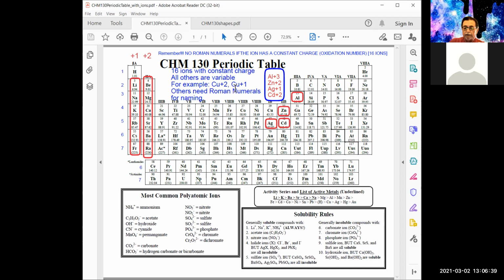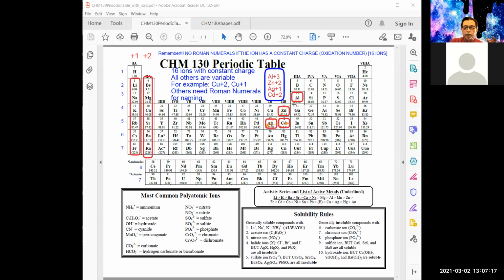that have a constant oxidation number, I've highlighted them, starting with aluminum. One way to remember them, I've found, is starting with aluminum, number 13, go across at an angle, and then go across to the right. So at an angle, bottom left, from aluminum, we go diagonally to zinc, then to silver, and then from silver, we shoot back to cadmium.